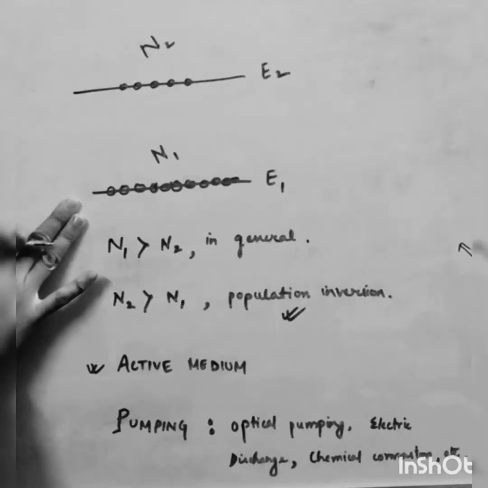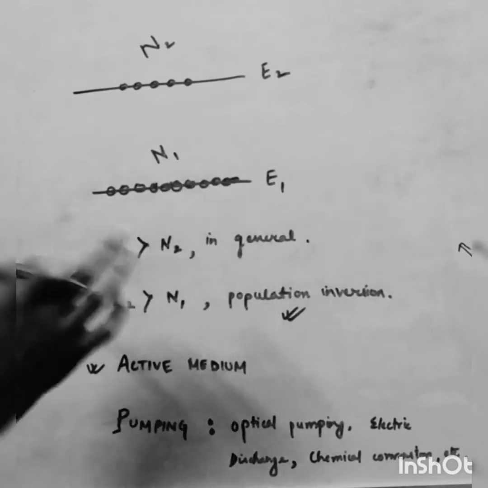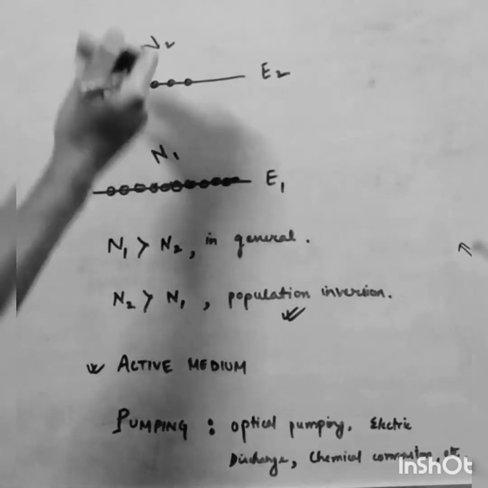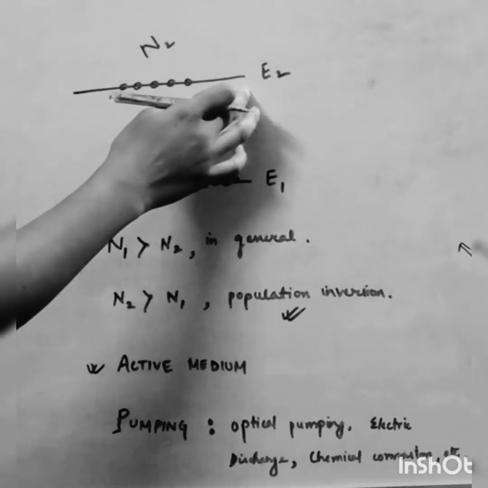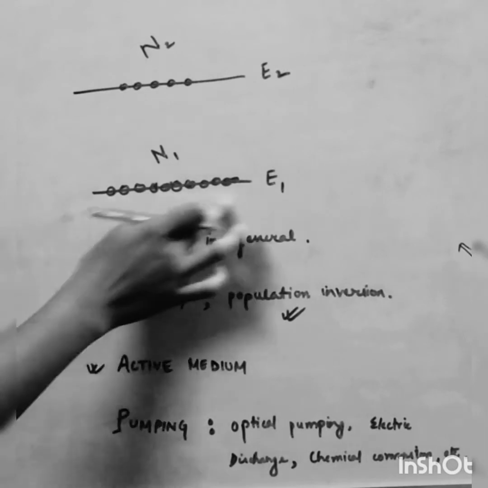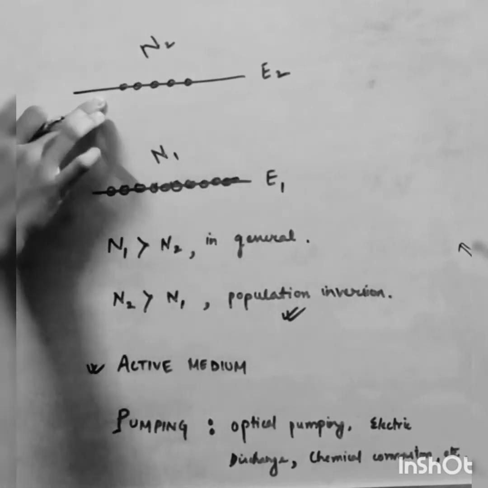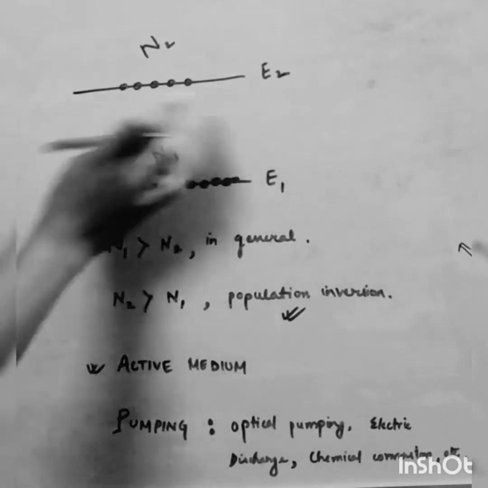So here suppose E1 is a lower energy state or ground energy level and E2 is an upper excited state level. Here N1 is the number of particles in the ground energy state E1 and N2 is the number of particles in the excited state E2.